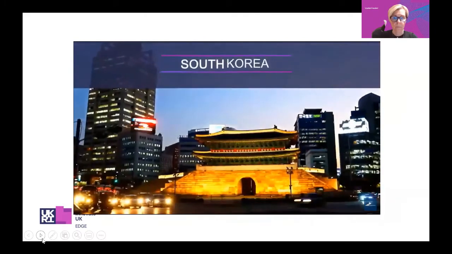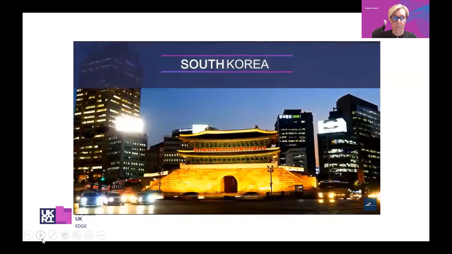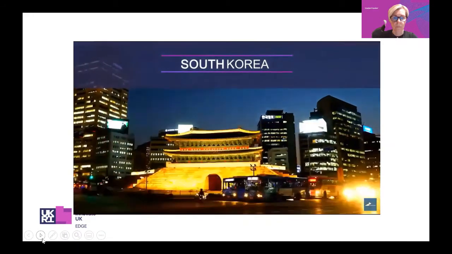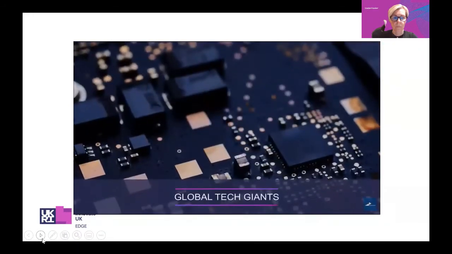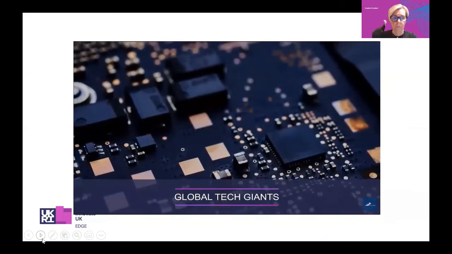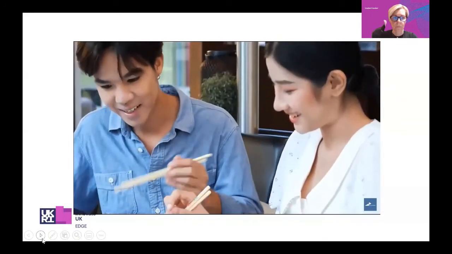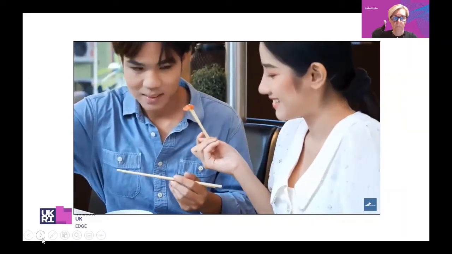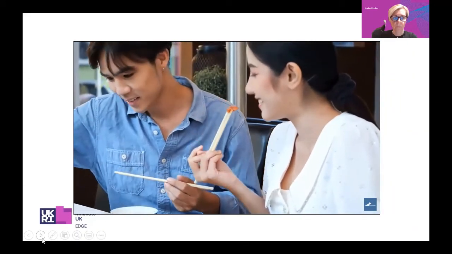South Korea is a high-tech, fast-moving, dynamic market which benefits from world-class technologies. Home to leading electronics companies such as Samsung and LG and automotive manufacturers such as Hyundai. The population is highly educated and known for being early adopters of new technologies.